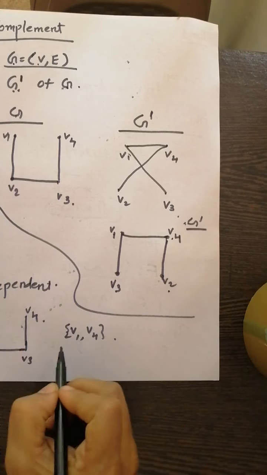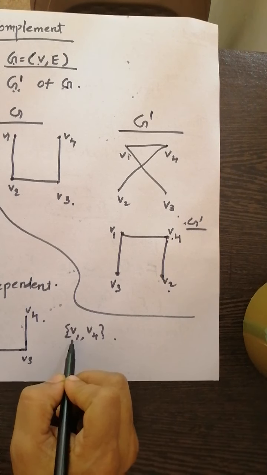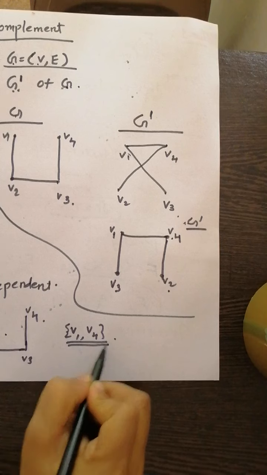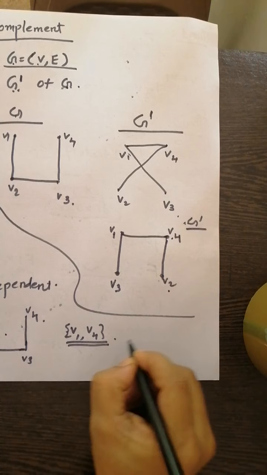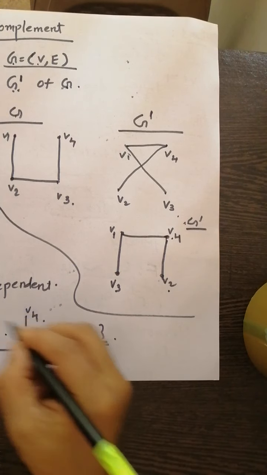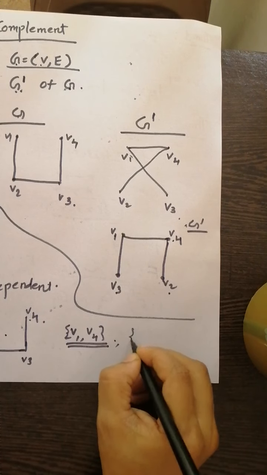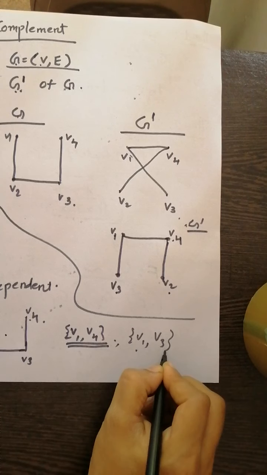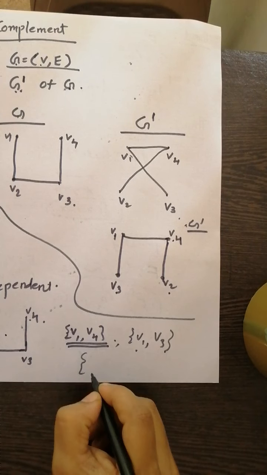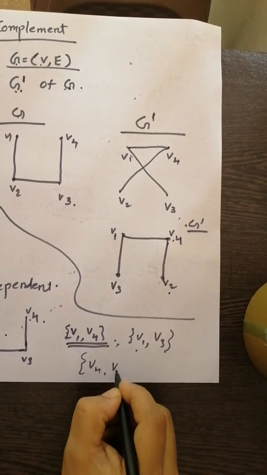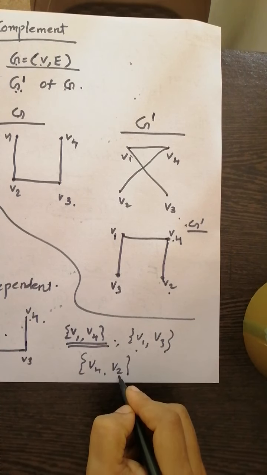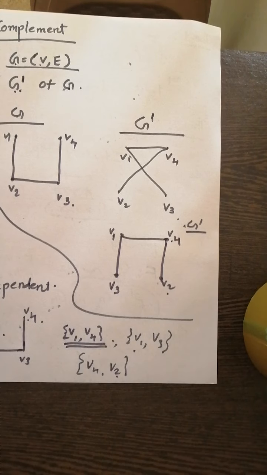If these vertices are not adjacent in the graph, then this set is called an independent set. Also v1, v3 are not adjacent here, so they form an independent set. And v4, v2 are also not adjacent here, so this is also an independent set.